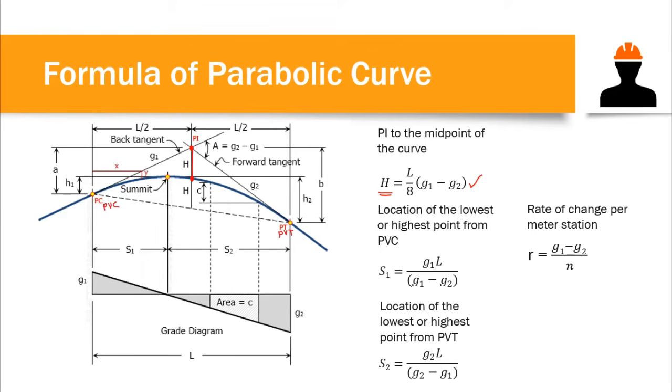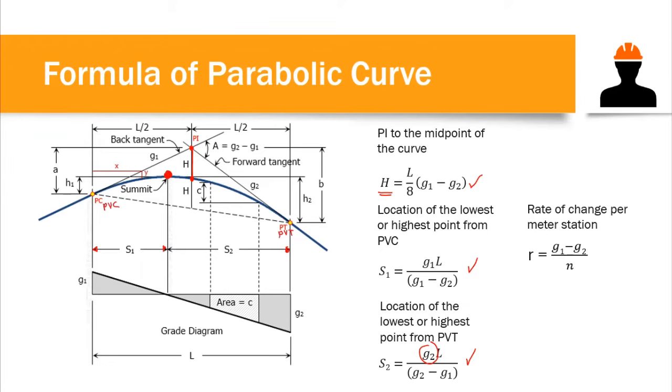To compute for the highest or the lowest point of our curve from PVC, for example if this is our highest point, to compute for S1 we use this formula: G1, the grade 1, times L over (G1 minus G2). And for S2, which is the location of the highest or lowest point from PT, we use G2 in the numerator instead of G1.